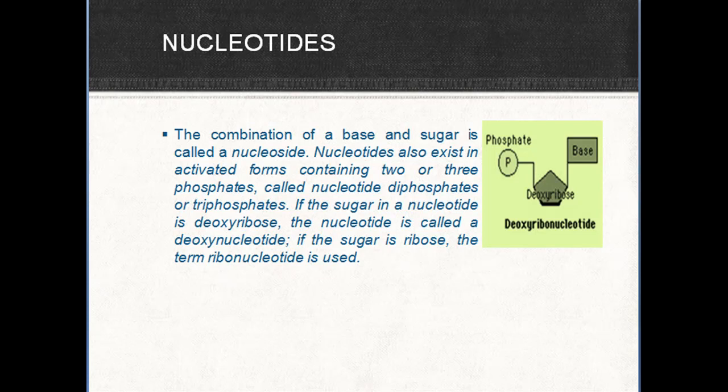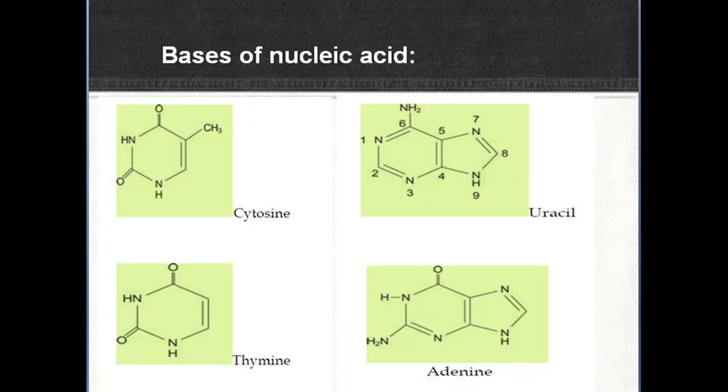Second component of nucleic acid, that is base. The nitrogenous bases found in the nucleotides are aromatic heterocyclic compounds. These bases are of two types, purines and pyrimidines.